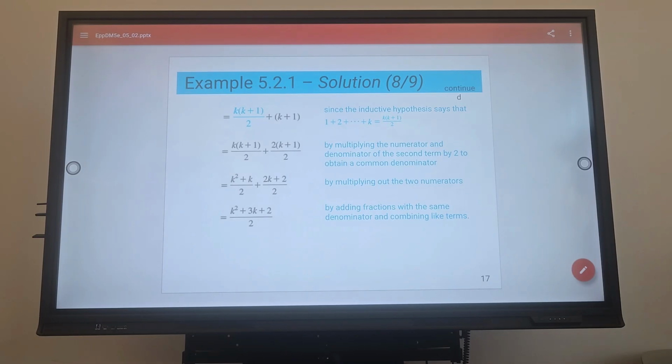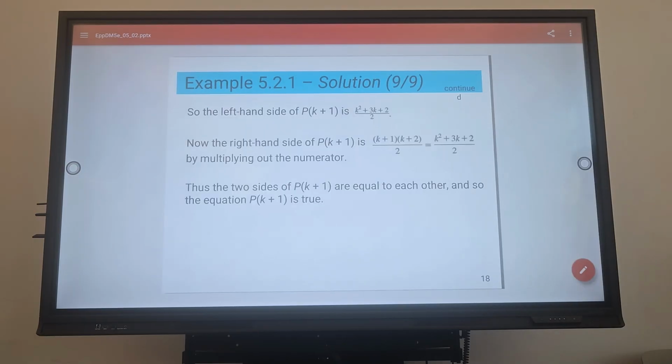Then you can do some algebraic tap dancing and get to (k squared plus 3k plus 2) over 2. So the left-hand side of P(k+1) is (k squared plus 3k plus 2) over 2.